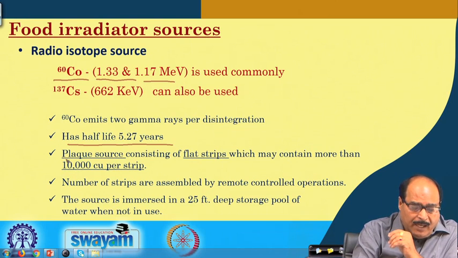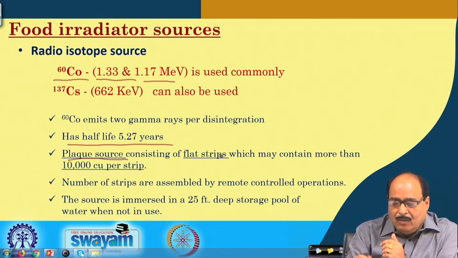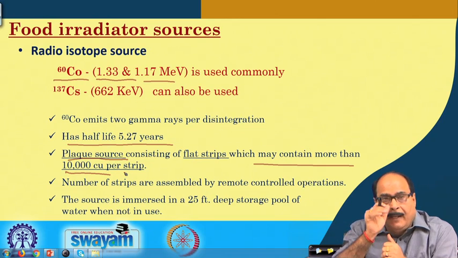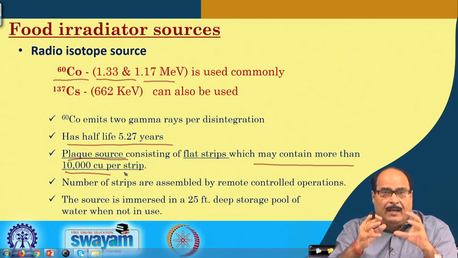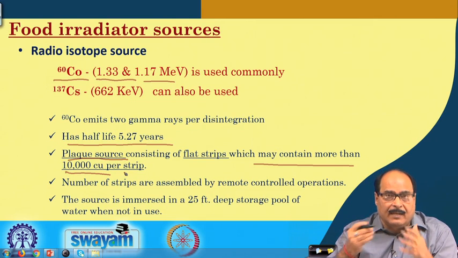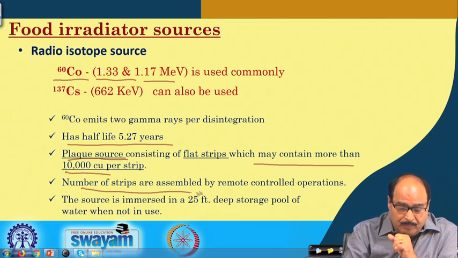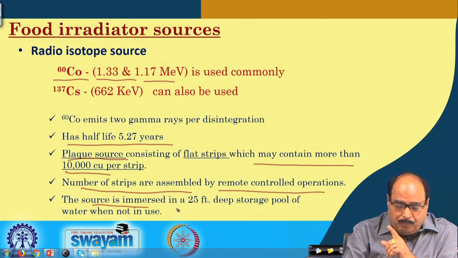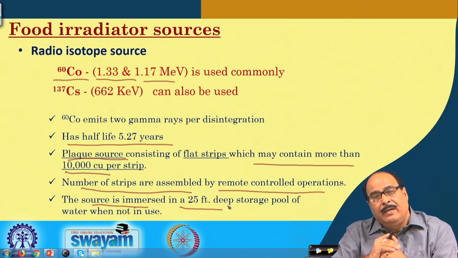It is produced in a plaque source consisting of flat strips which may contain more than 10,000 curie per strip, and several such strips can be assembled together in steel wafers or other such material. The strips are assembled by remote controlled operations, and the source is immersed in a deep storage pool of water, maybe 25 feet or more deep, when not in use.